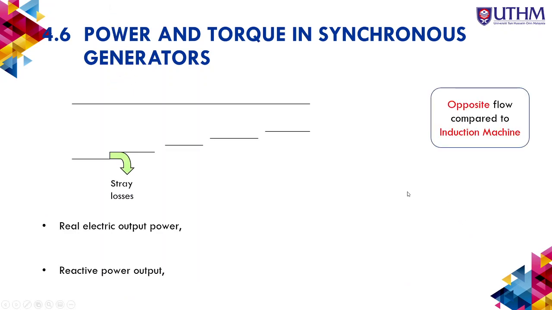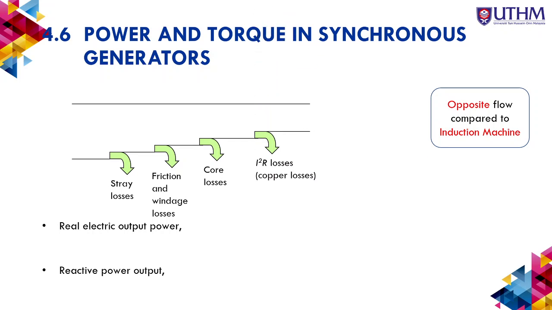Okay, so yeah, normal power must have losses. So from input to output there will be a loss process. First is the stray losses, and then the friction and windage losses, and then the core losses, and then the copper losses.